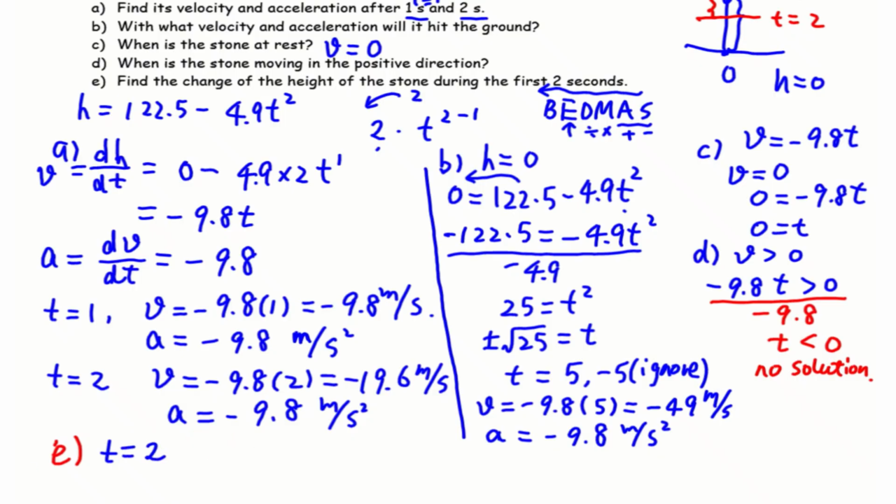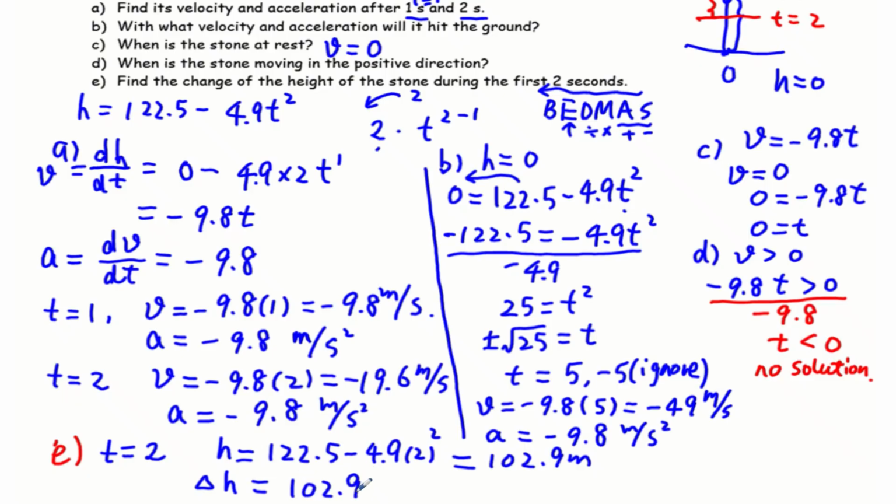So h equals 122.5 minus 4.9 times 2 squared. Do the calculation, we have 102.9 meters. So the change of the height equals 102.9, the final height, minus the initial height, 122.5.